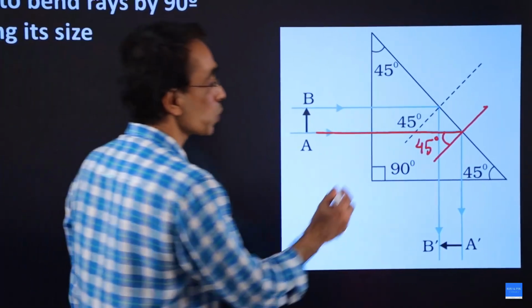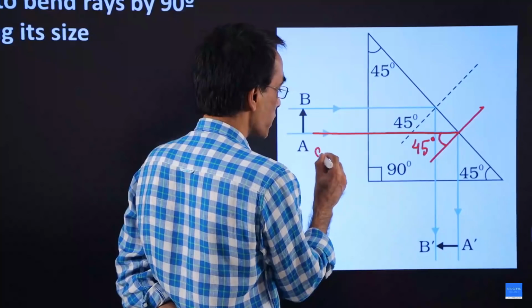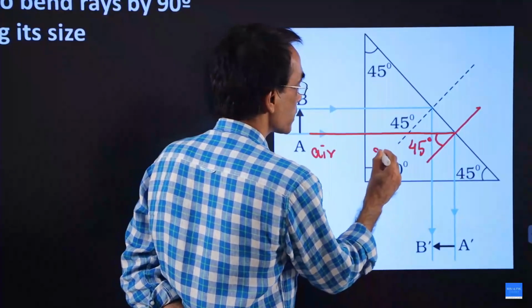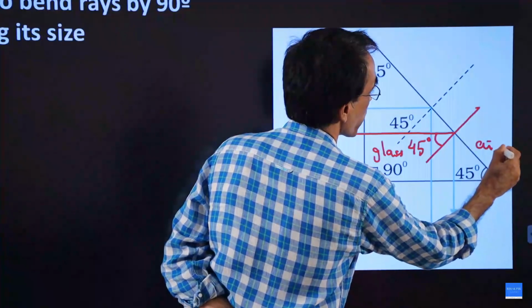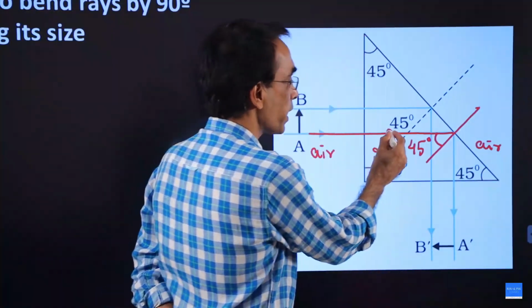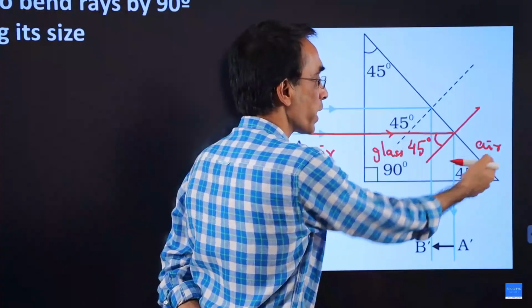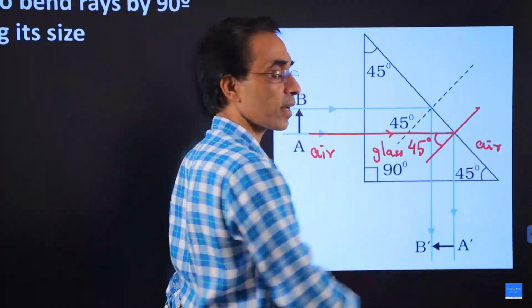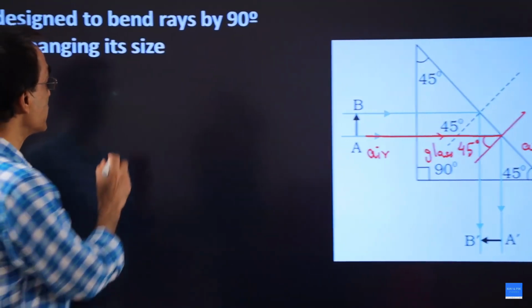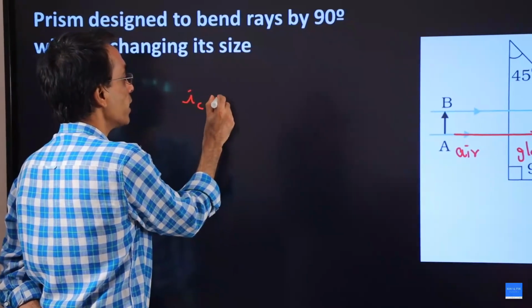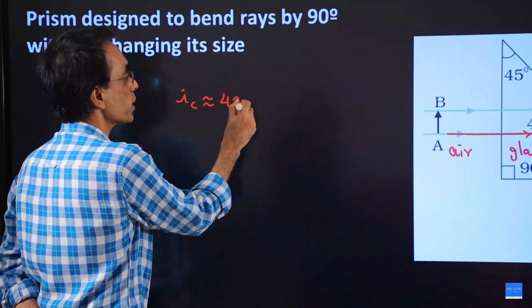Light is now trying to go out. See, here light was in air, this was air, this is glass, and here outside again you have air. This light ray is trying to go from glass to air, which is denser to rarer. So there is a chance of total internal reflection. And what is the critical angle? I told you critical angle is approximately 42 degrees.